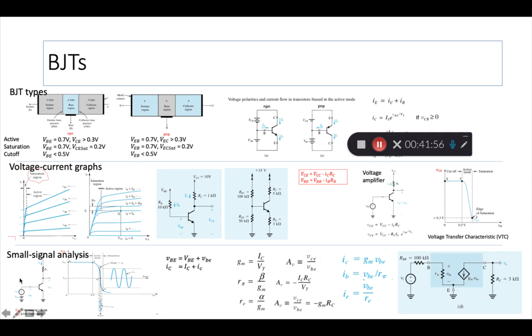You know how this circuit is connected, and then we use really the principle of superposition, and this principle of superposition applies as long as we are in the linear operating range, right? And on this VTC, we assume that this central portion is linear. You don't want to be here or there, but as long as you are in the middle portion, that means you pick a Q somewhere in the middle, and your transistor only operates slightly around that, then we assume it's linear operation.